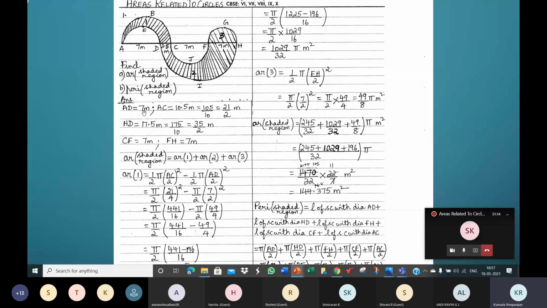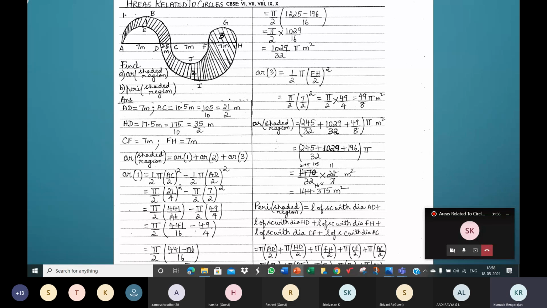How many semicircles? 1, 2, 3, 4, 5 semicircles, and 5 diameters mentioned here.